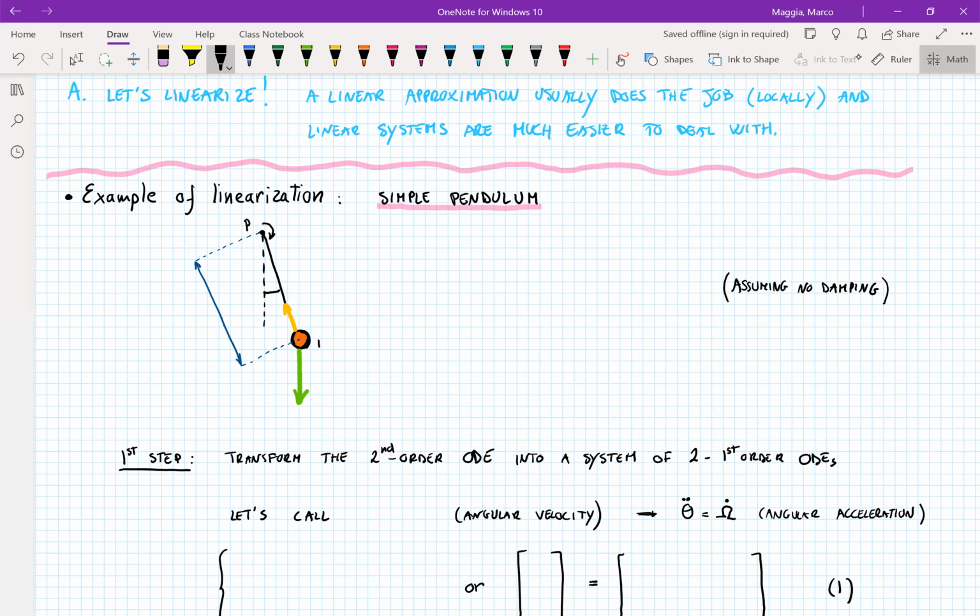We have a mass attached with a rod of length L to a pivot point P, and we measure the angle from the vertical, which we're going to call theta. We consider it positive when measured counterclockwise. To simplify things even further, we assume that the only external force applied to the mass is gravity, m times g. And of course, we also have the tension.